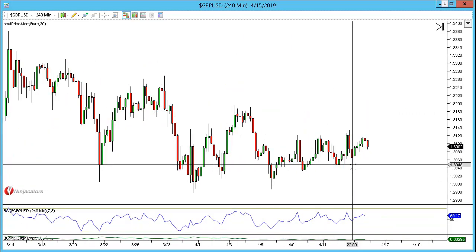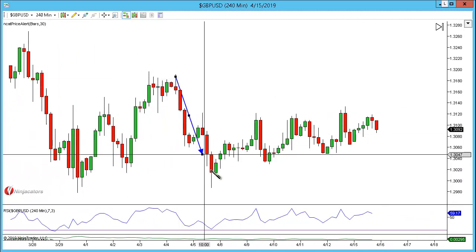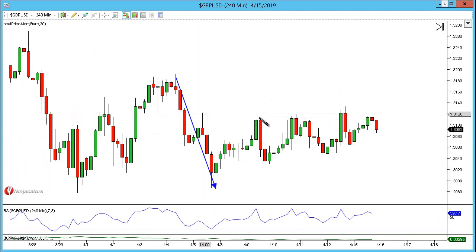Right, I want to start at this. We have a fairly directional move. We then have this structure.